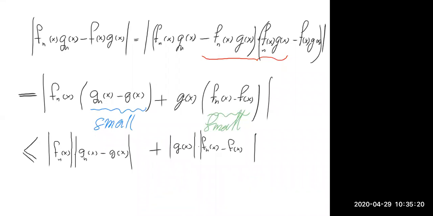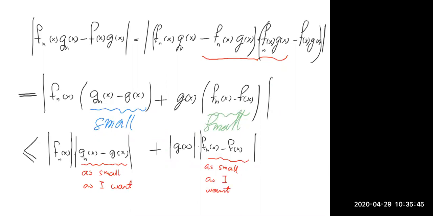Since Gn is converging to G uniformly, I can make this as small as I want, and I can also make this as small as I want.